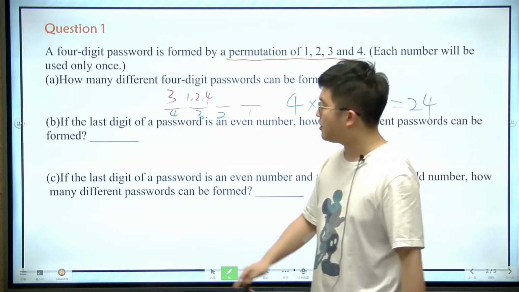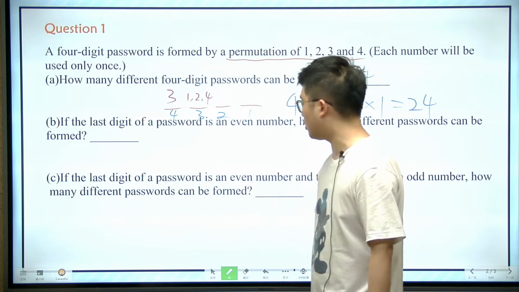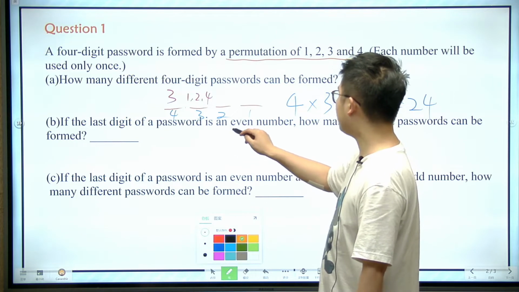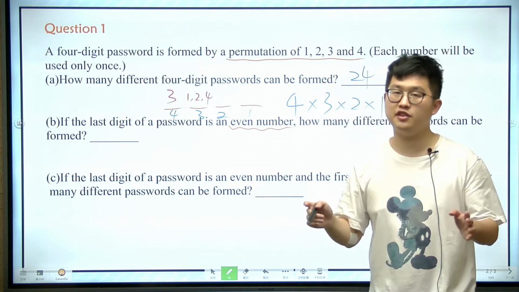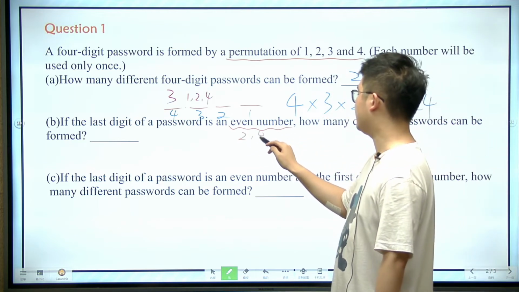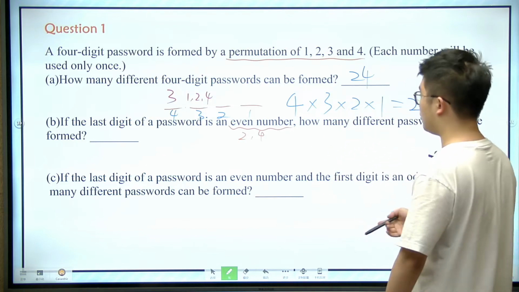Now, the second question asks: if the last digit of a password is an even number, among 1, 2, 3, 4, what are the even numbers? It should be 2 and 4. How many different passwords can be formed?